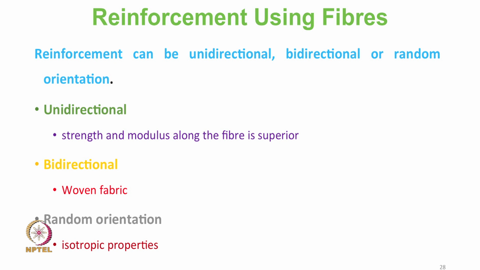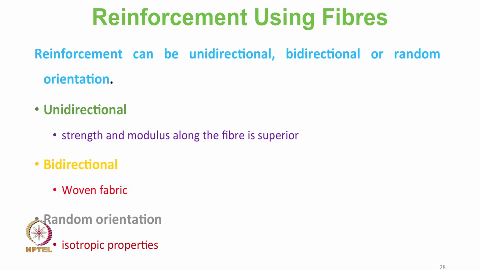The reinforcing phase can be unidirectional. So, we can arrange the filament or staple fiber in a particular direction. So, unidirectional reinforcing material is useful where we need strength in a particular direction as compared to other direction.